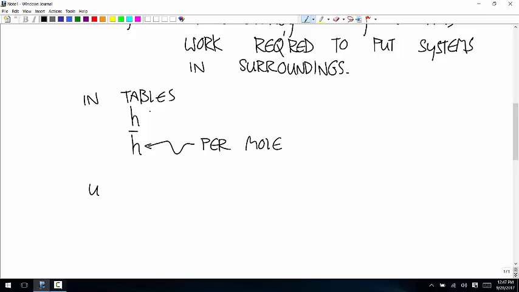The specific enthalpy, that's per mass, is the one that we've used more often, although moles are going to be more important when we talk about the ideal gas law. The units for enthalpy are energy.